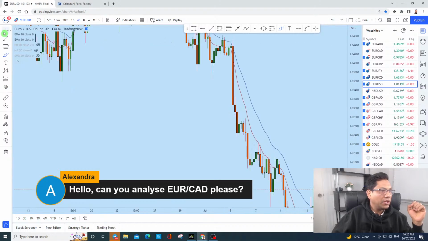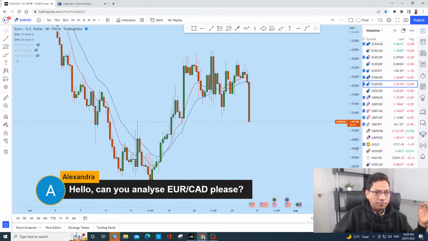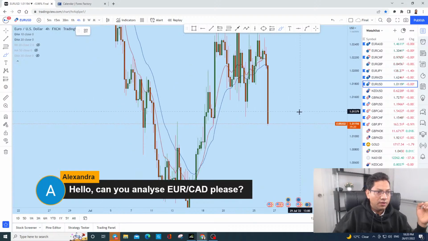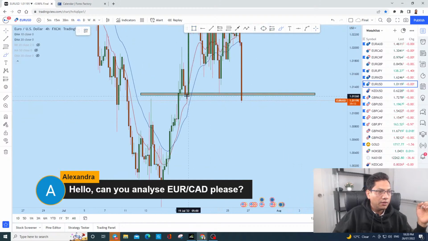I wait for a breakdown or breakup, not breakup in relationship with the pairs or the currency pairs. So I wait for a breakdown or breakup, and then I wait for a slow retracement, probably testing this previous support here, testing this support as resistance.